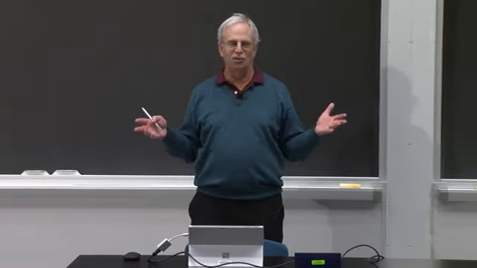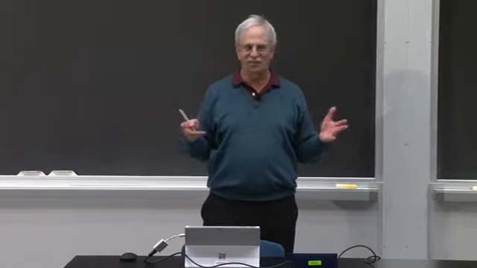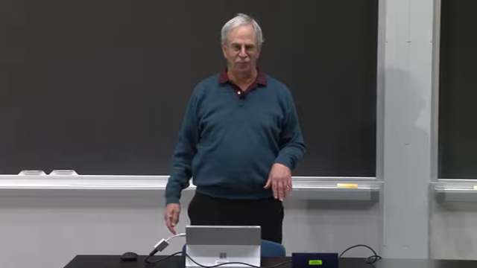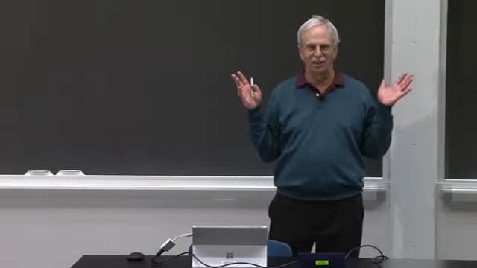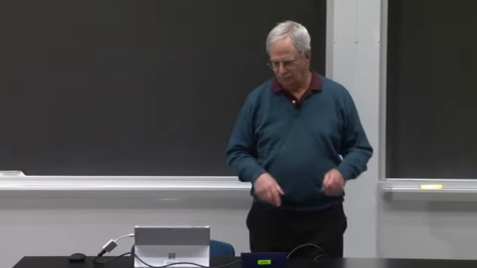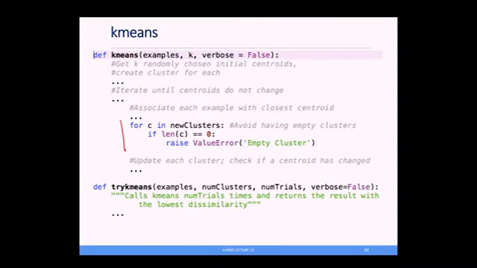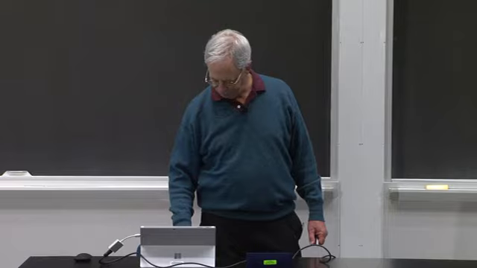If one of them is so unlucky to give me an empty cluster, I'm just going to skip it and go on to the next one by raising a value error, empty cluster. And if you look at the code, you'll see how this value error is used. And then try k-means. We'll call k-means num trial times, each one getting a different set of initial centroids, and return the result with the lowest dissimilarity.